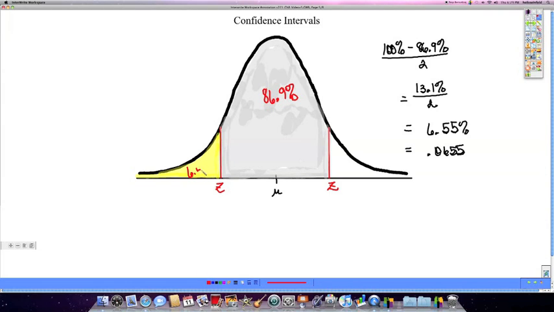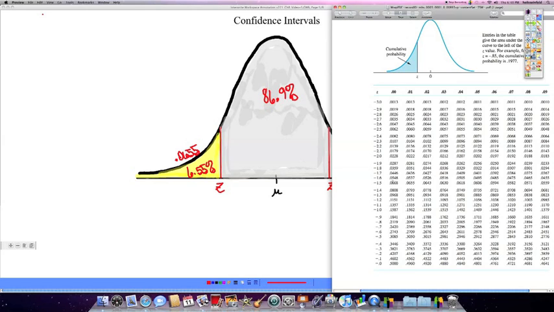The area in this section is 6.55%, or as a decimal, 0.0655. This is the value we will look up in our chart. So we start looking in the body of the chart for the 0.0655, and we find it right in here.